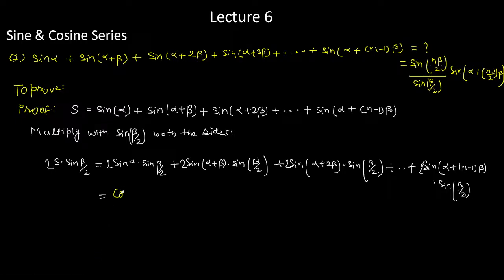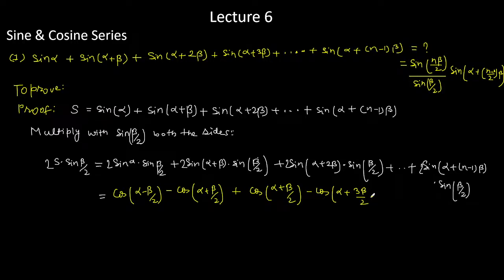So it will come out to be cos alpha minus beta by 2 minus cos alpha plus beta by 2 plus cos alpha plus beta by 2 minus cos alpha plus 3 beta by 2.